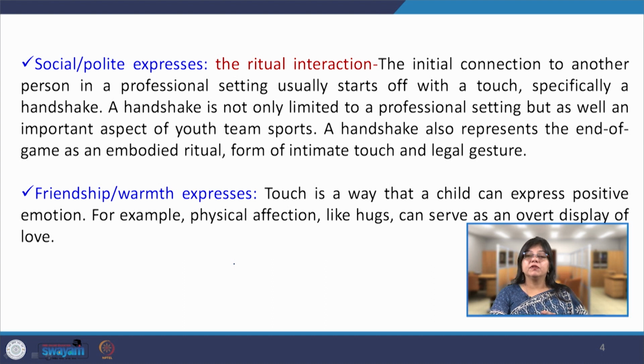It can be physical affection, like hugs that serve as an overt display of love. It can be an embrace, it can be love. But what touch and what vibes a person receives, that vibe is the message that will make the other person understand or interpret that feeling of friendship or warmth. This is again a category of haptics.